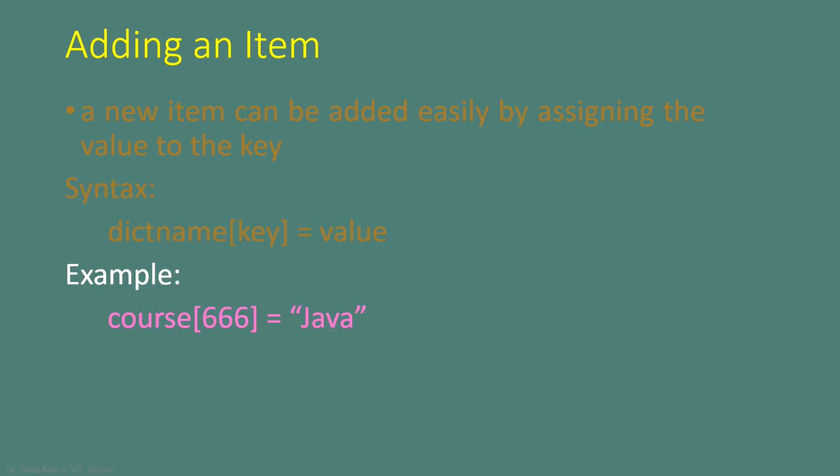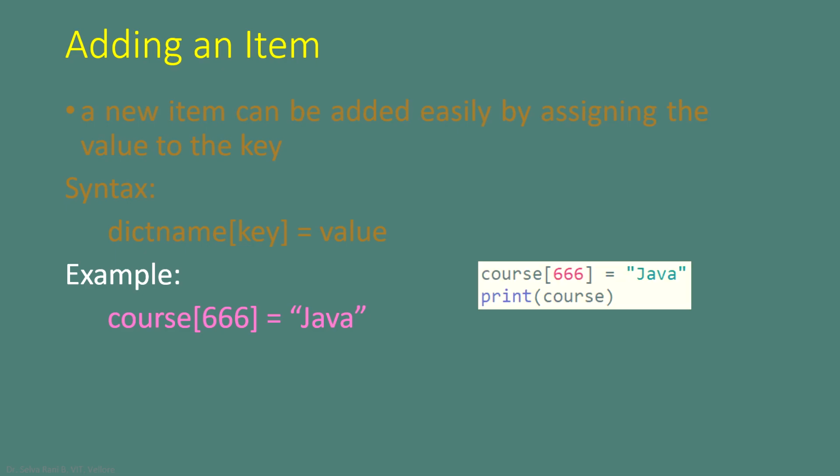For example, if we give course of 666 is equal to Java, the value Java will be added to the dictionary course along with its key 666.